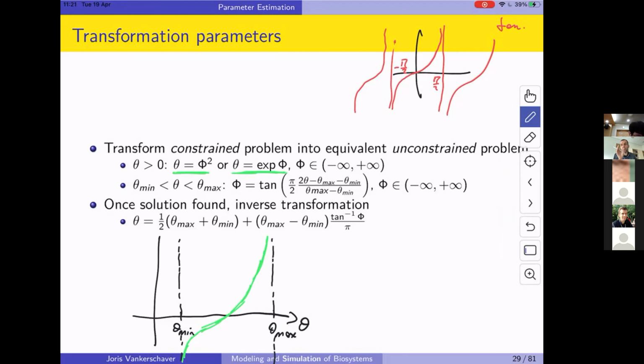What I need to do is shift the tangent function by a certain amount, and scale it so that the distance between the two asymptotes is precisely theta max minus theta min. Remember, for the original tangent function, the distance between the asymptotes is pi. For the transformed one, I want the distance to be theta max minus theta min.